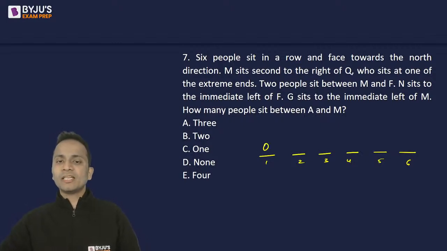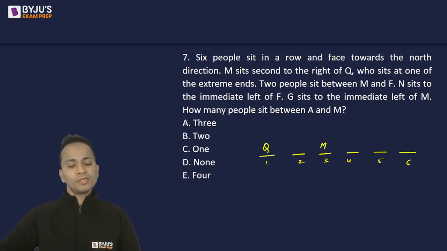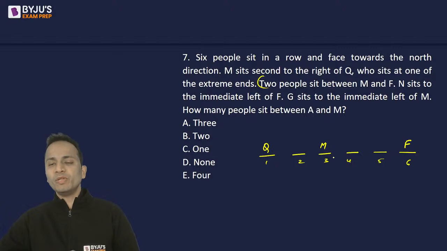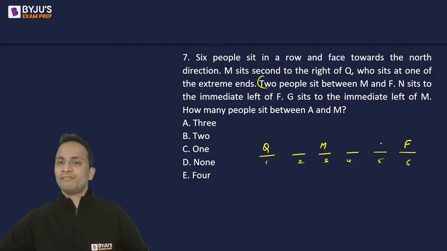Q will sit at chair number 1, such that M sits second to the right of Q. Done? Okay? Two people sit between M and F. So F cannot be on the left, but F will be on the right. That means chair number 6, such that two people will sit between M and F.